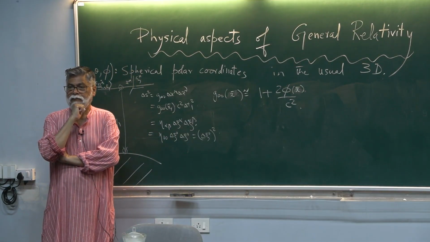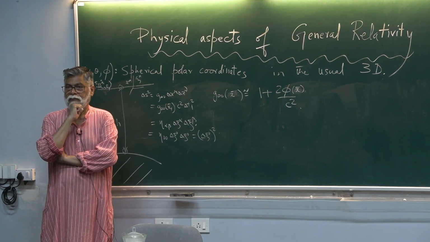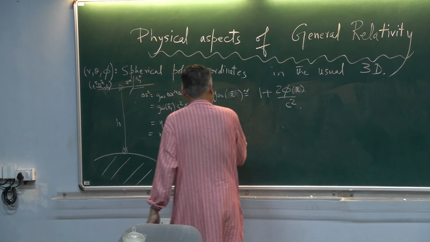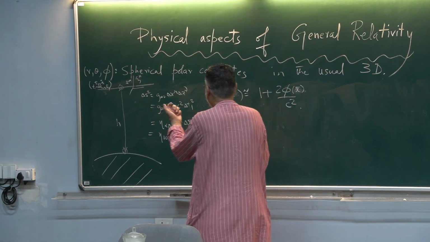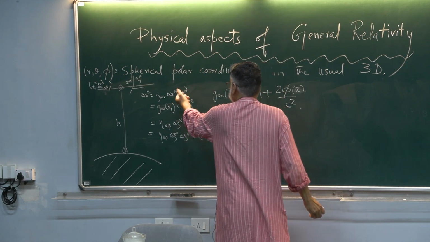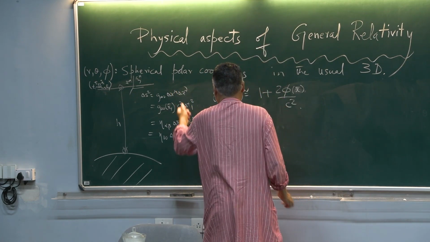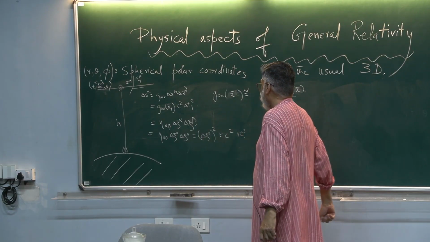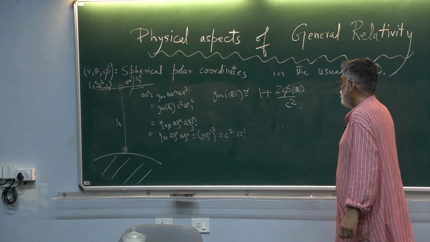Okay. Everyone agrees? And delta xi 0 square by definition is c square times the proper time, that is the actual time measured by the inertial observer's clock. Let me call it delta tau square. Okay.